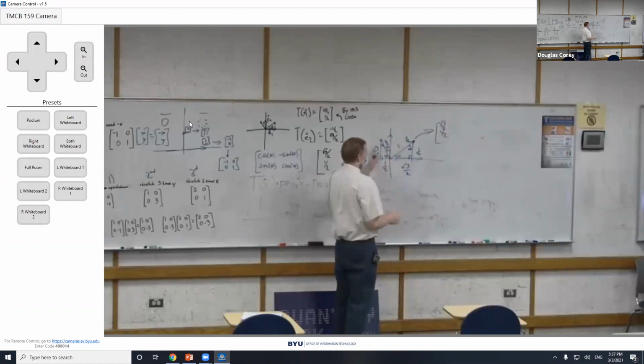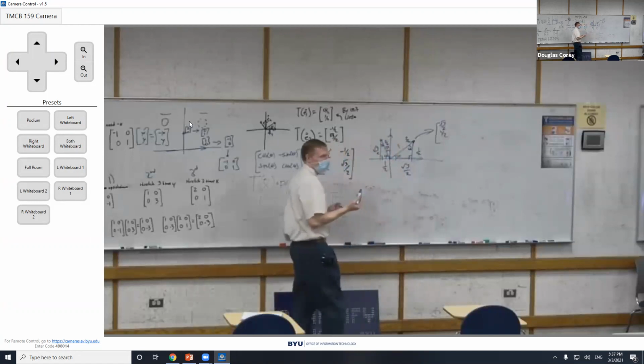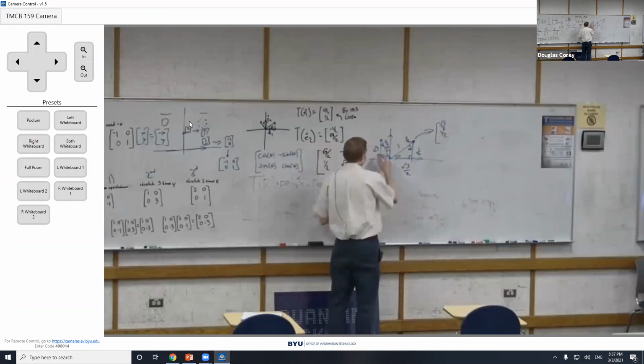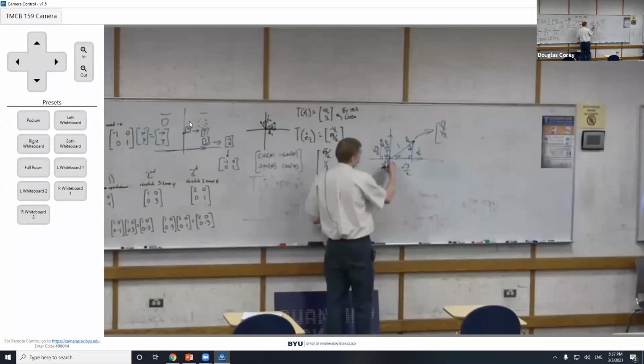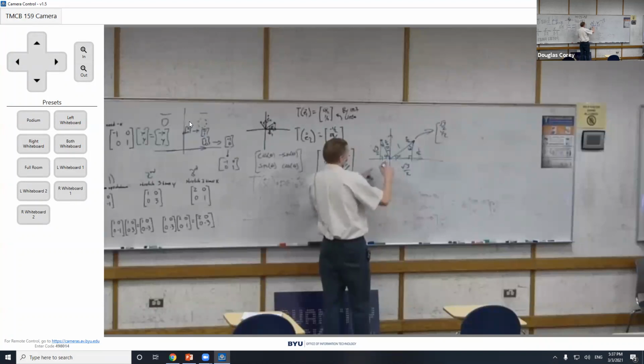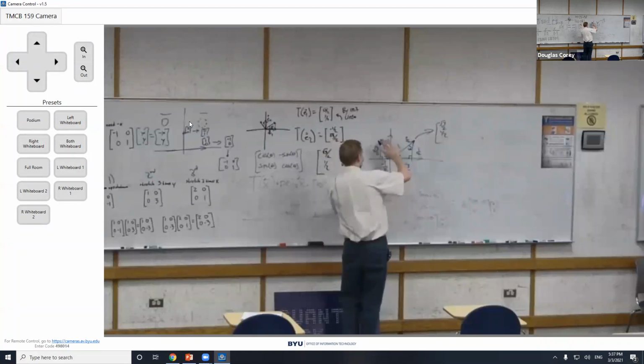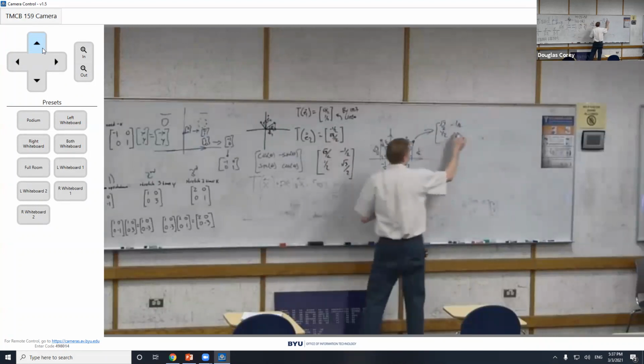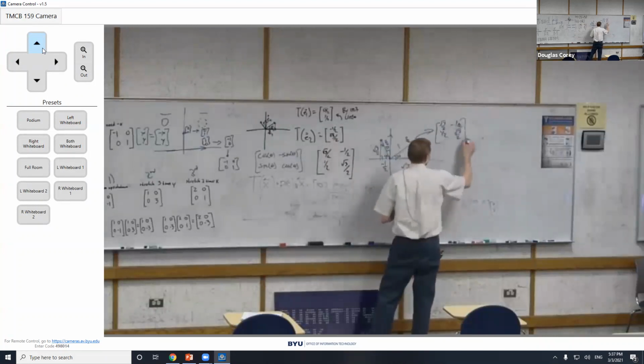A lot of you know your trig triangles better than me, so I always have to draw them out and scale them. Or you just have sine of 30 degrees memorized, like I don't. So this is a negative 1/2 this way, so I need to make sure I get that in there. So where does this one go? x is a negative 1/2, and y is a positive square root of 3 over 2.